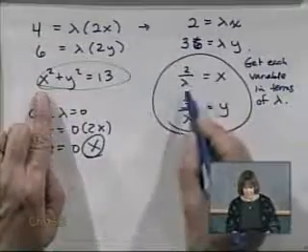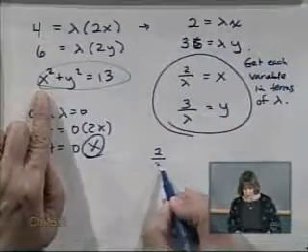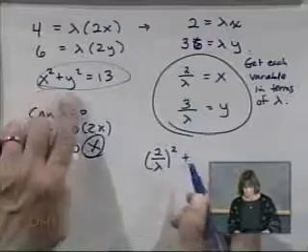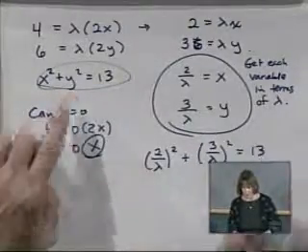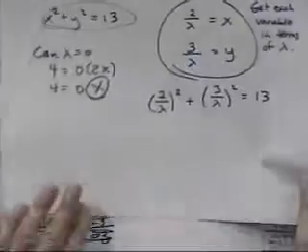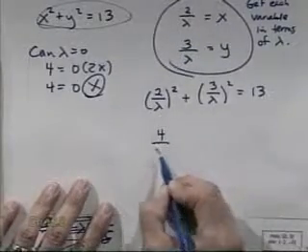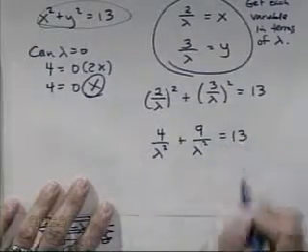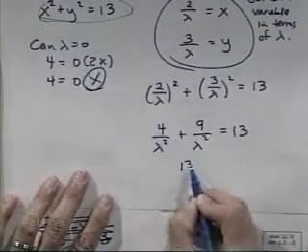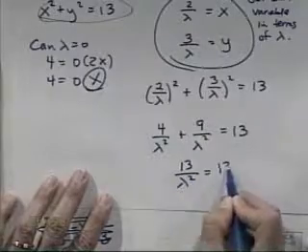Well, if x is 2 over lambda, then 2 over lambda squared plus y, which is 3 over lambda squared, must be 13, which gives me 4 over lambda squared plus 9 over lambda squared is 13, or 13 over lambda squared is 13.